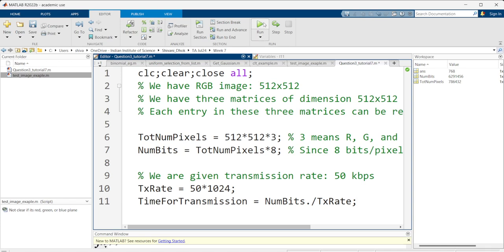If we do that, the time comes out to be 51200 seconds, which is too high. We are sending the image for ages. So this is not how we do it in practice; this is a raw example.